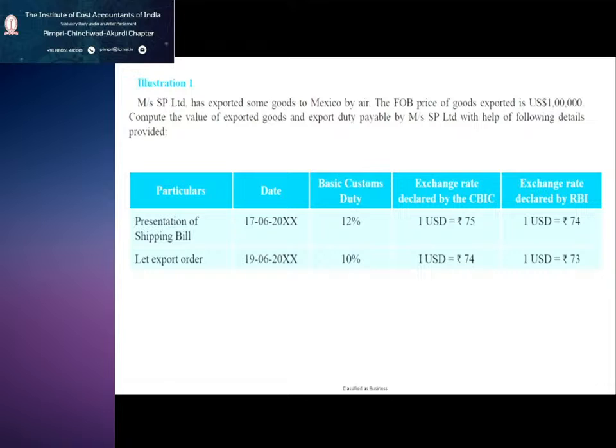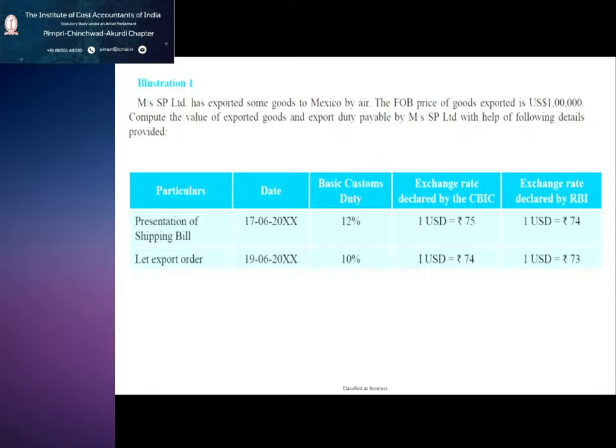Now, we have this data, but what is the duty amount we are going to pay to the department? We know our export goods value is 1 lakh. So based on this 1 lakh, how much duty are we going to pay?